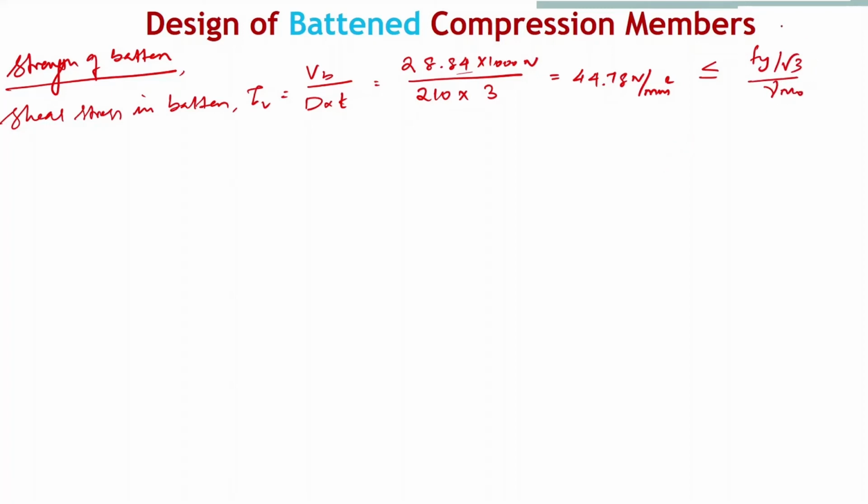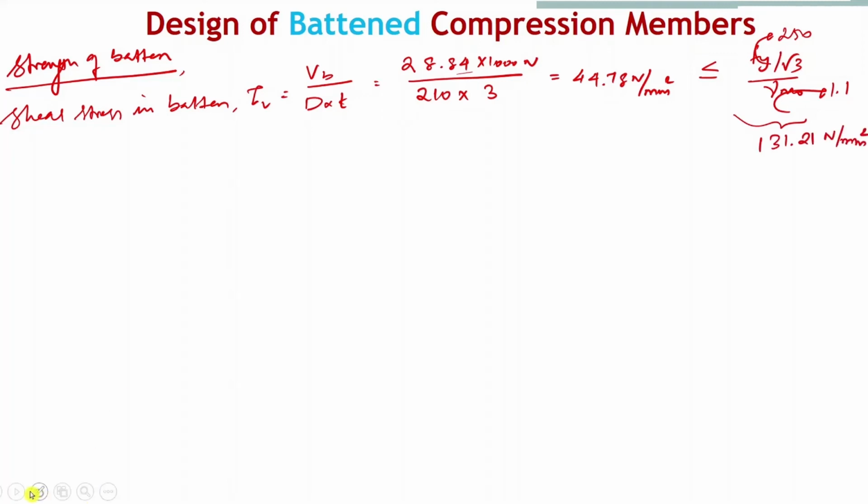Now we need to know this value. So Fy, yield stress, is 250 and the partial safety factor of material gamma m0 is 1.1. So this value comes out to be 131.21 Newton per mm square.